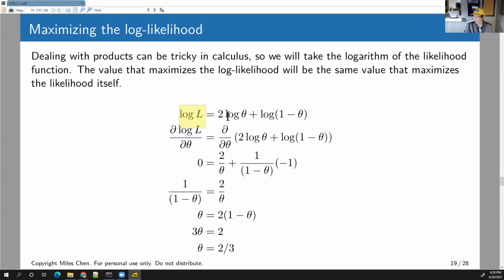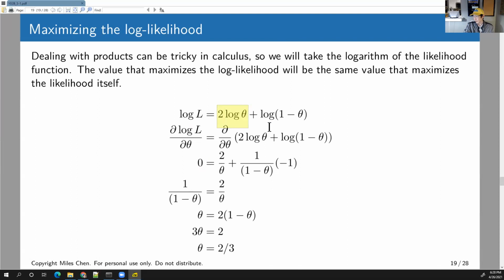The log likelihood is this, and you solve for where the derivative is equal to 0, right? You want to maximize the log likelihood. So rather than maximizing the likelihood itself, we're going to maximize the log likelihood. And because the log function is monotonic, wherever you maximize the log likelihood, it's going to be the same value that maximizes the likelihood itself, right?